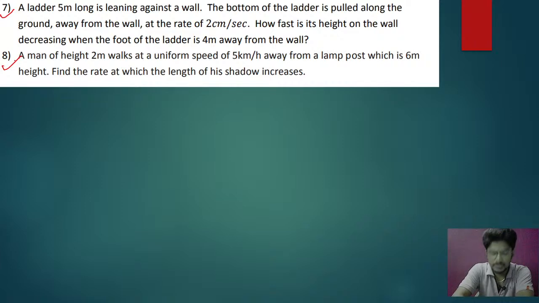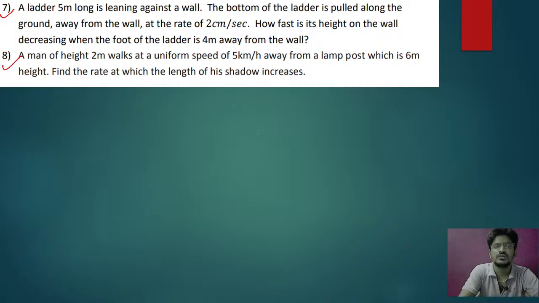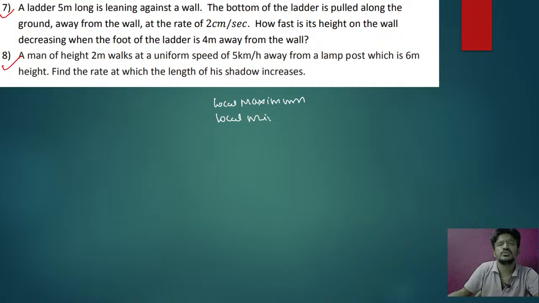7 and 8 I will simplify in the next class, because tomorrow I am going to finish this chapter. If I solve 7 and 8 in this class only, tomorrow I will not get more concept to explain, because tomorrow I have to cover maximum and minimum. So some problems on maxima and minima, that is local maximum and local minimum. Tomorrow I will cover this with these two problems.